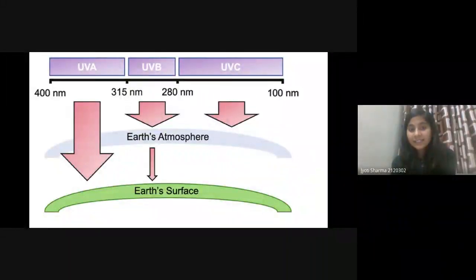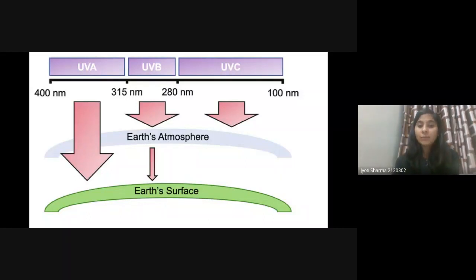We can see that C has been absorbed by the stratospheric ozone. B has been partially absorbed by the stratospheric ozone, and the ozone can't block ultraviolet radiation A. Its wavelength is higher, and that's why it is not that destructive to the human body.